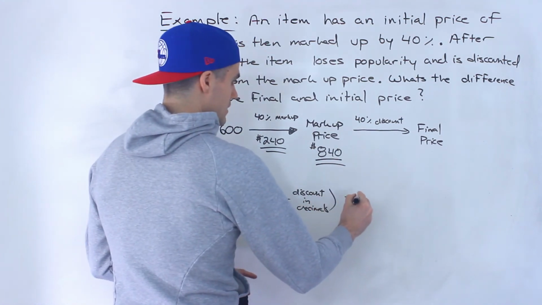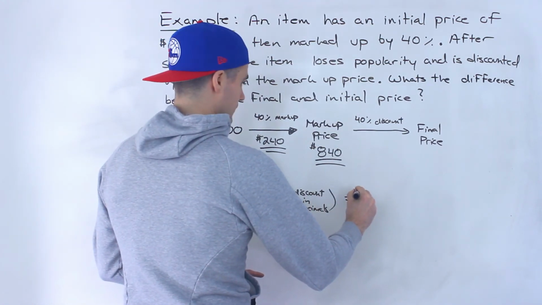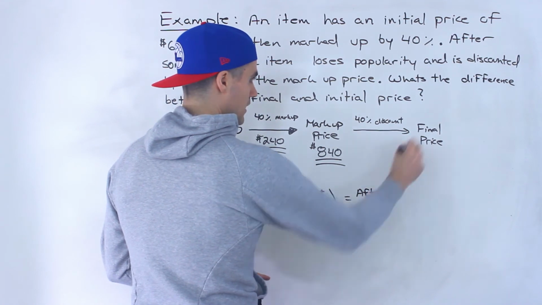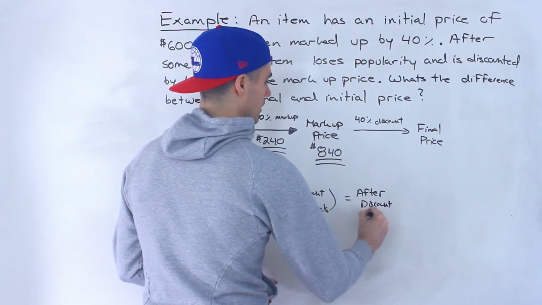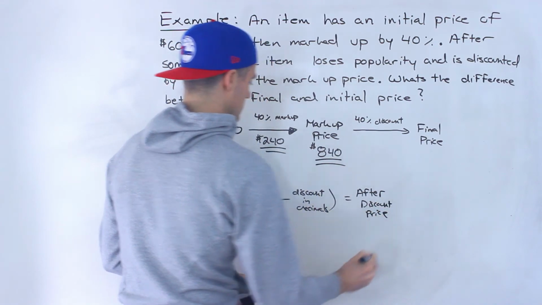And that would give us the after discount price. In this case, I called it the final price. But to keep this a little more general, I'll write the after discount price.